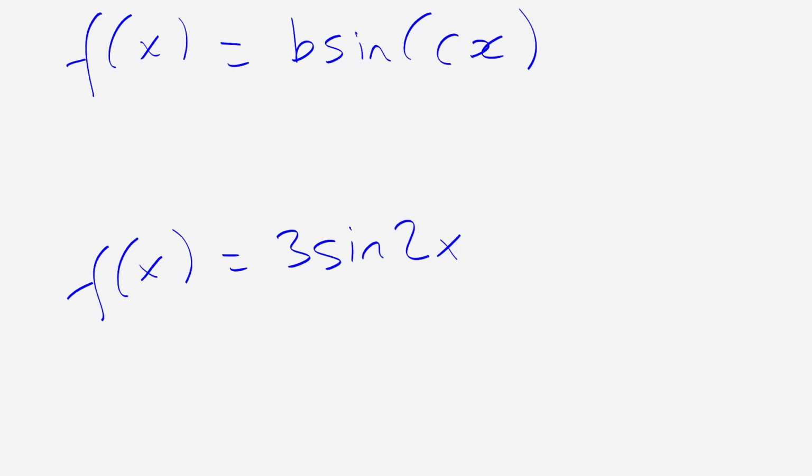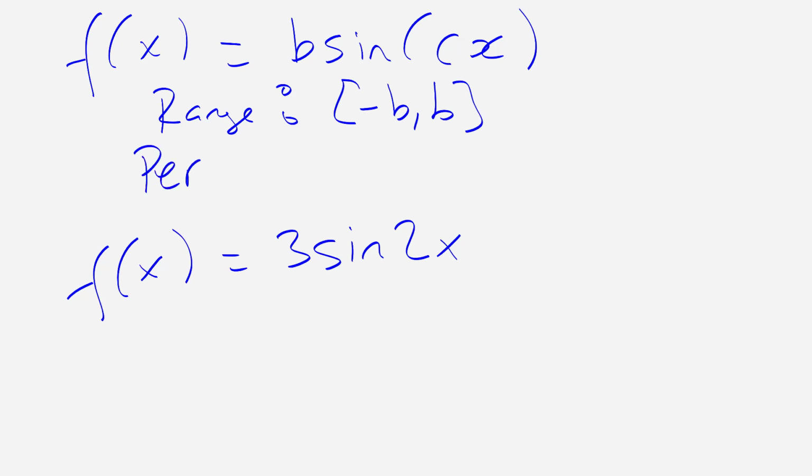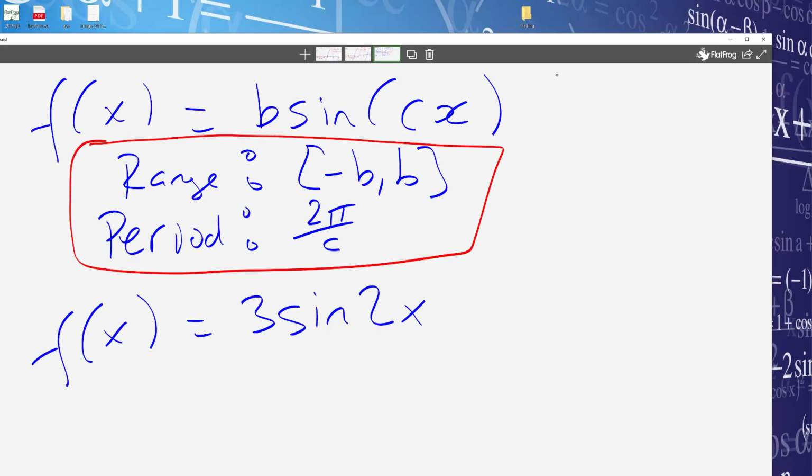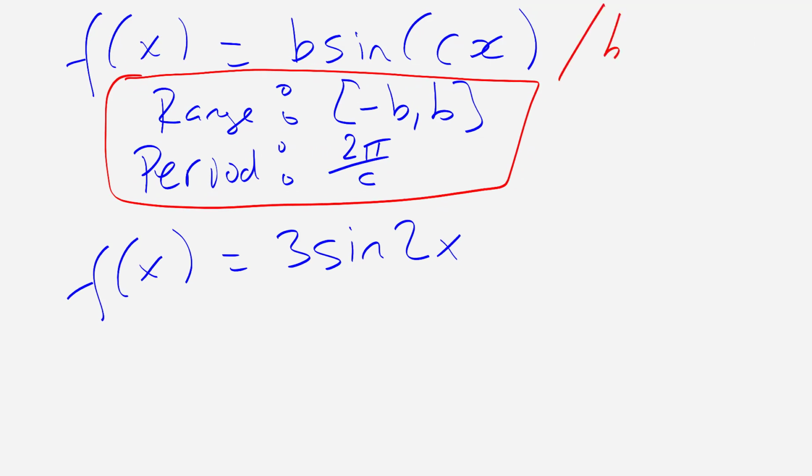What we need to understand is that the range will always be from -b to b, whatever that number is, and the period will always be 2 pi divided by the number c. That is true for all functions of the form b sine cx, and also of the form b cos cx.